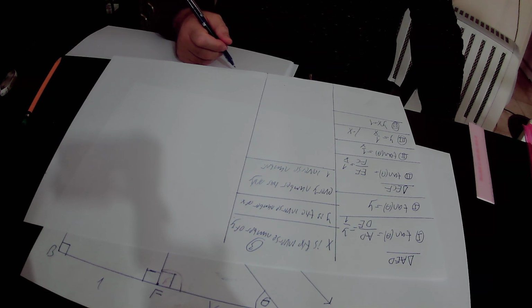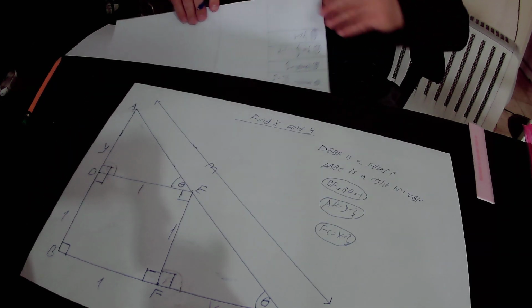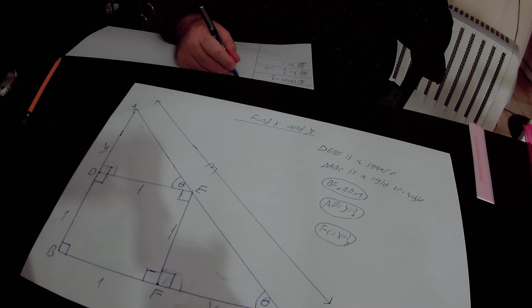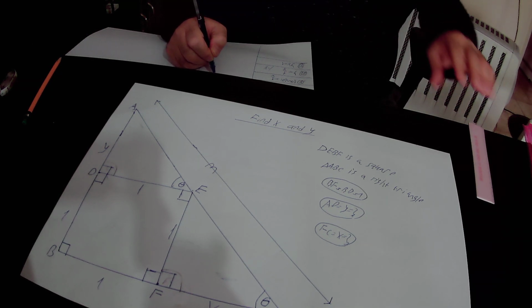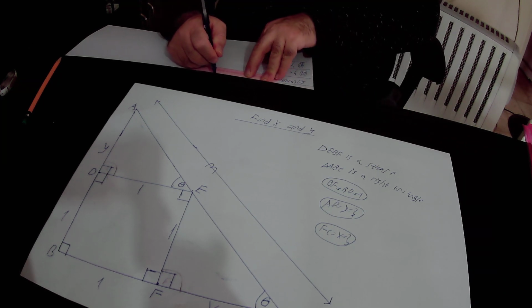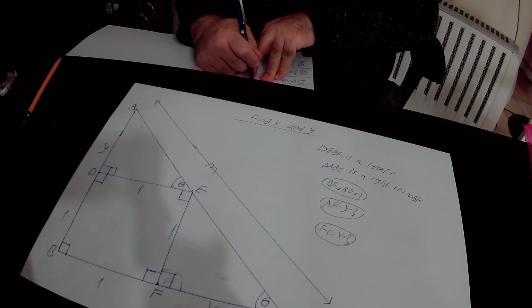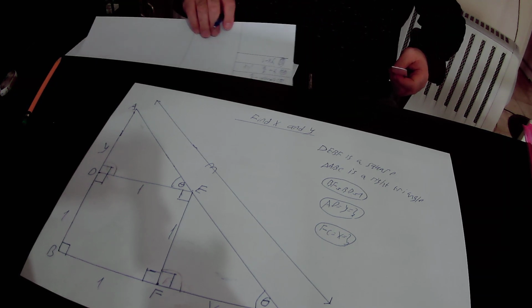Okay, in the next step we will focus on the right big triangle, triangle ABC. On the right big triangle ABC, according to the Pythagoras theorem, the square of the hypotenuse equals the sum of the squares of the perpendiculars.